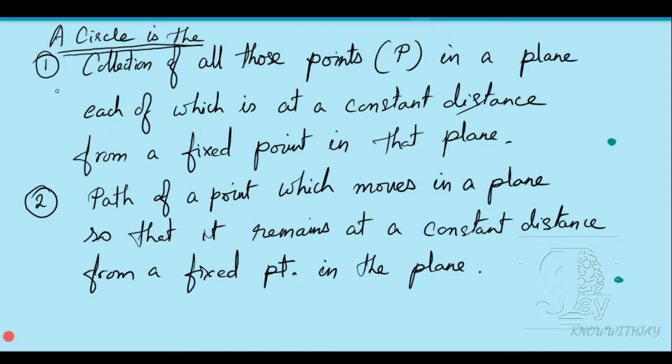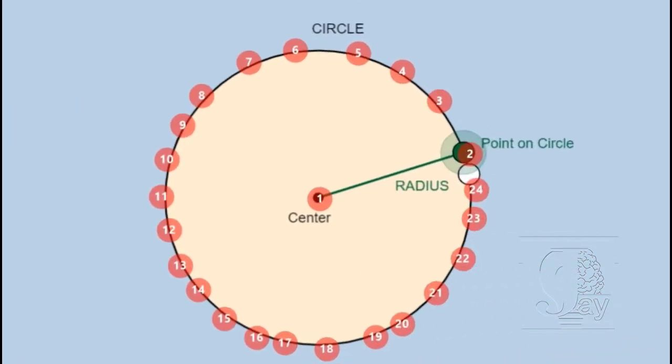Now the first one says: collection of all those points P in a plane, each of which is at constant distance. This is important, constant distance from a fixed point. There is a fixed point in that plane. Let us consider a fixed point on a plane.